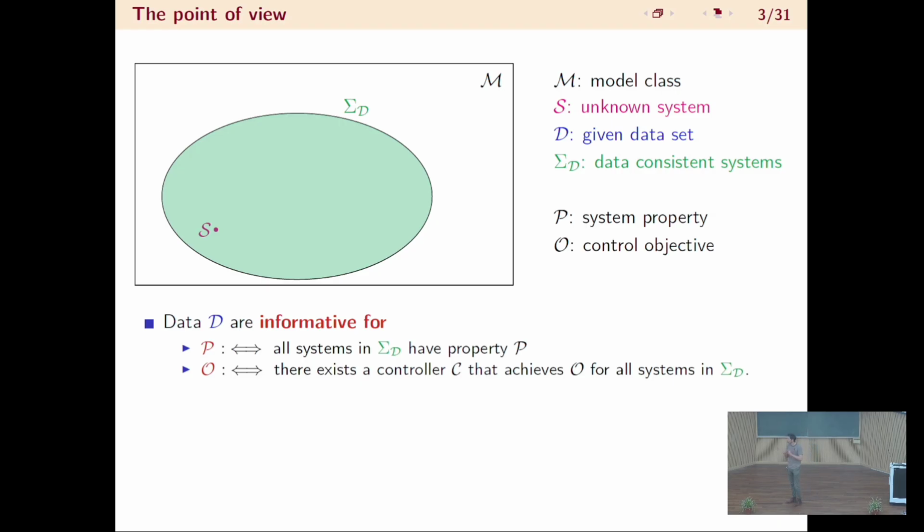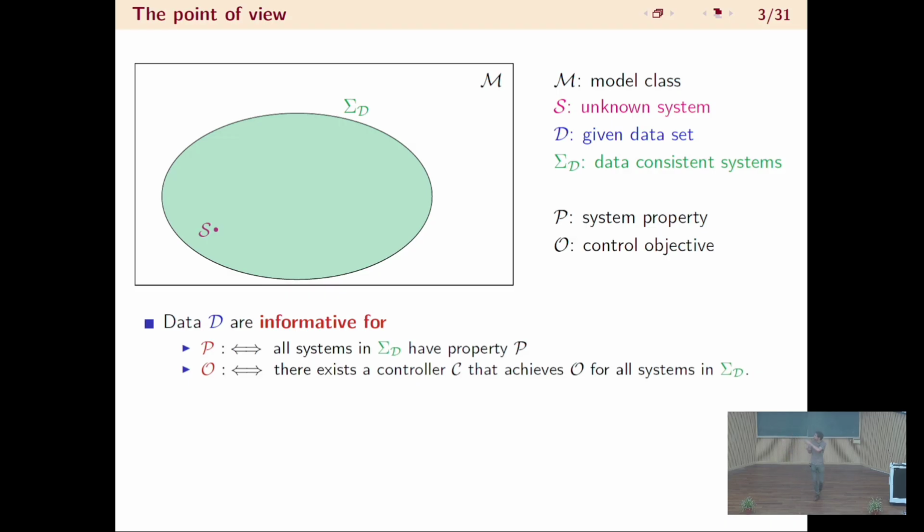What is the reasoning behind this? Suppose that I want to check whether my true system S is controllable, for instance. I can only do that if I know that all systems in this green region sigma D are controllable. Because if there's a single one here that is uncontrollable, in principle that could be the true system.